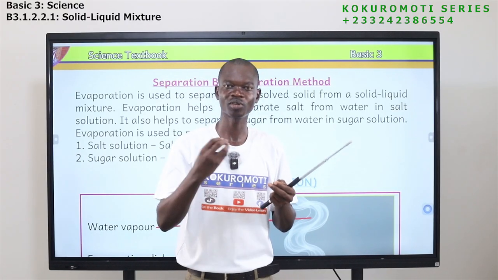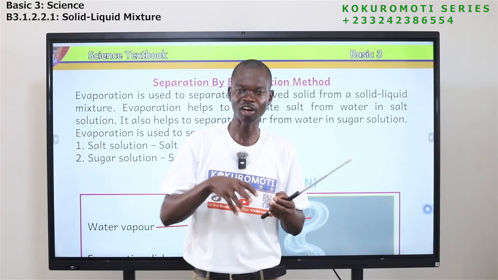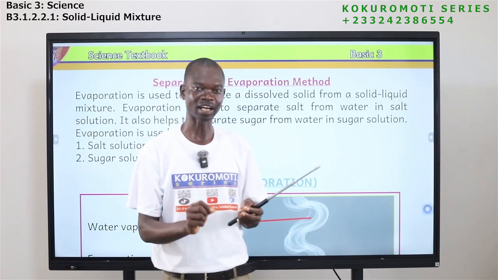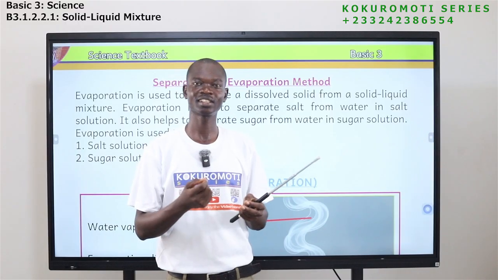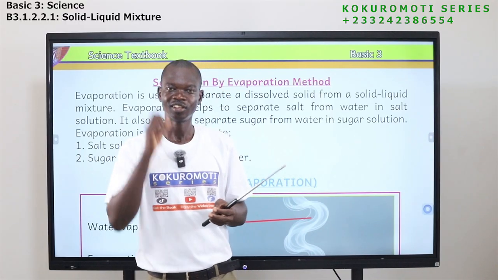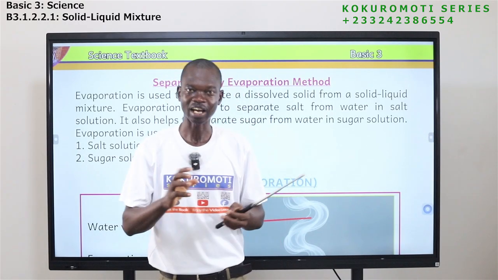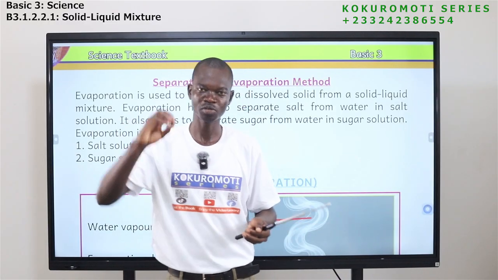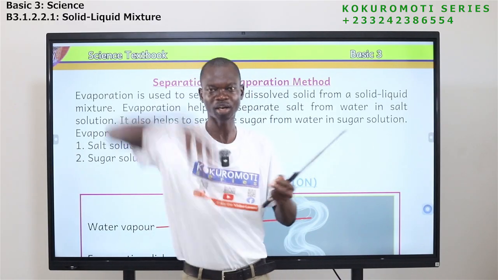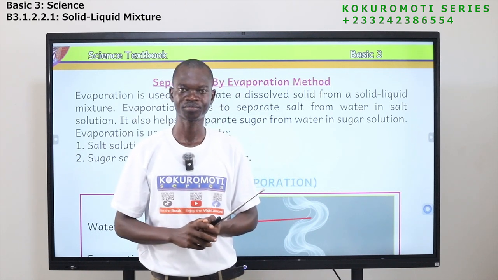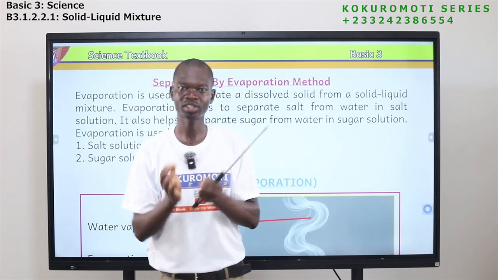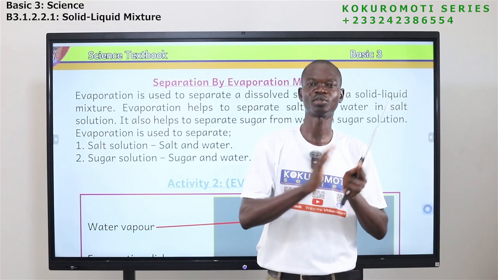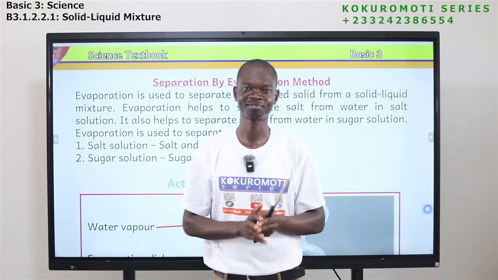So all the water in the cooking utensil, if you leave it on the fire and you increase the fire, later you see that all the water will disappear. They will turn into what? Water vapor, and go into the atmosphere. So the turning of water into water vapor is what we call evaporation.